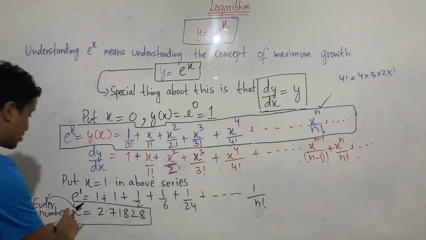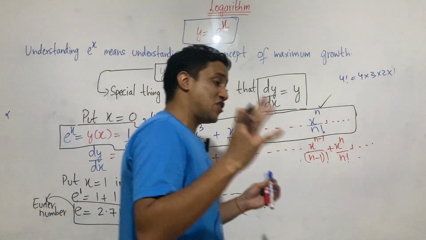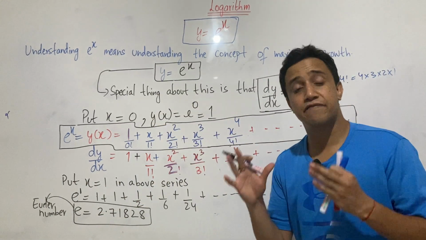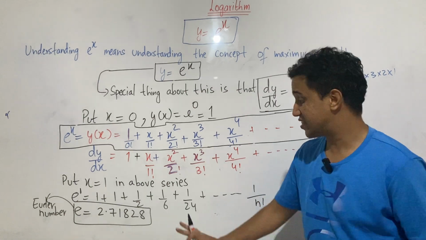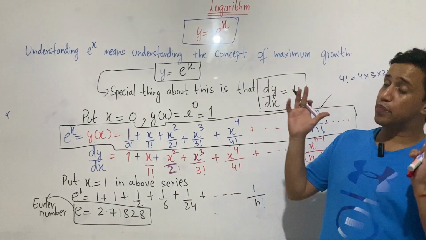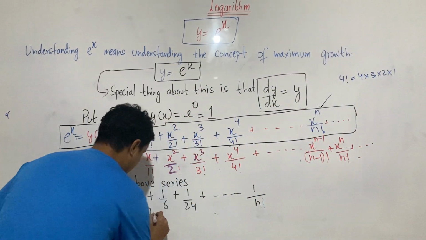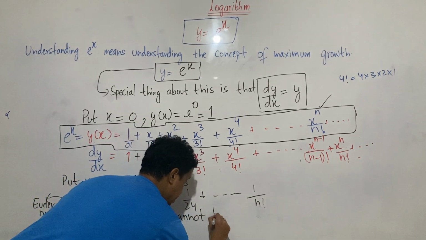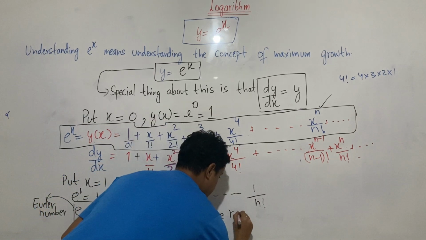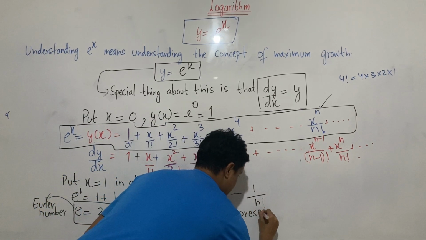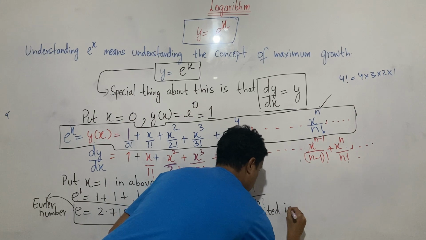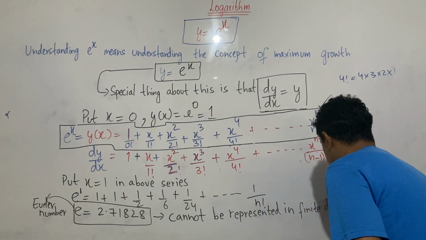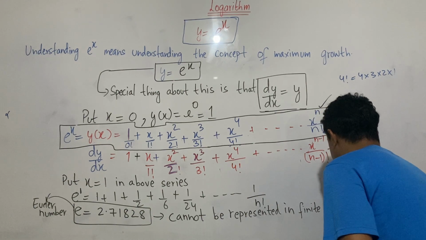You cannot represent this number in a finite decimal value. This is the approximate value. There is no way it can be represented in a finite decimal value.